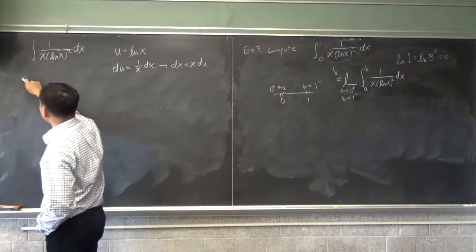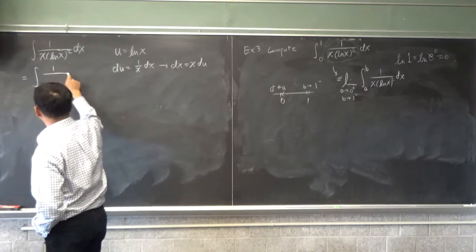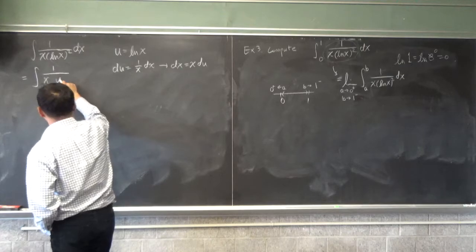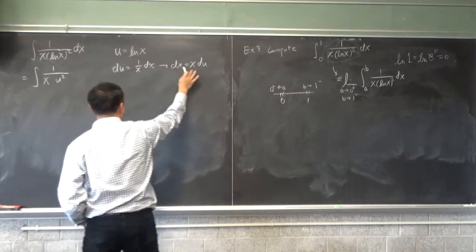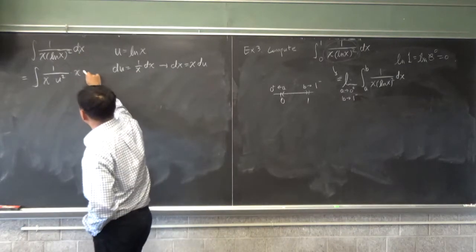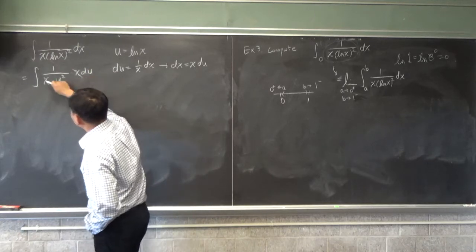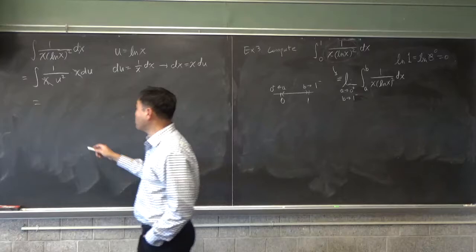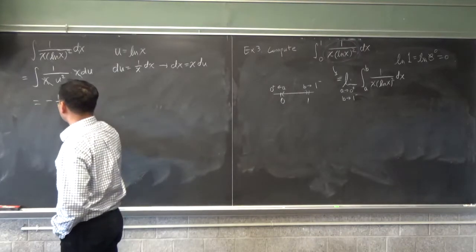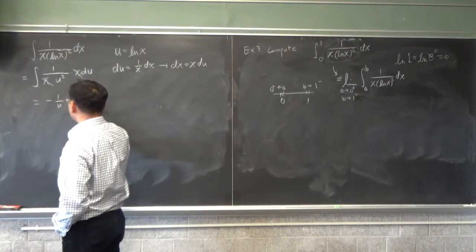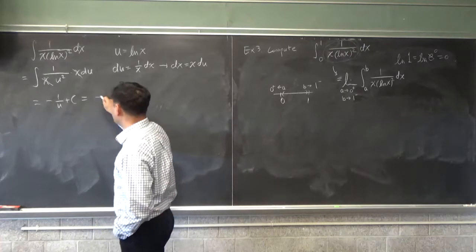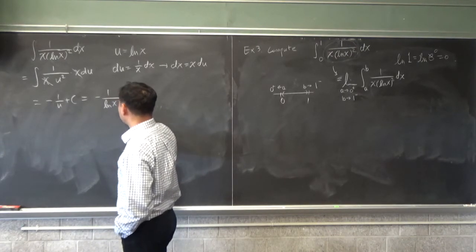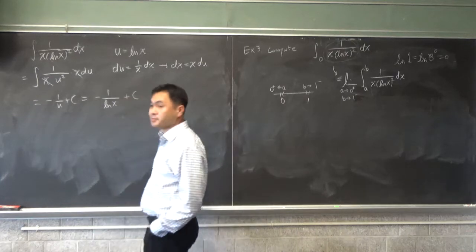And therefore this integral will be 1 over x times u squared, and dx is now replaced by x du. So x cancels, and you have to integrate 1 over u squared, which gives you negative 1 over u plus c. And then you go back to ln of x as negative 1 over ln of x plus c.